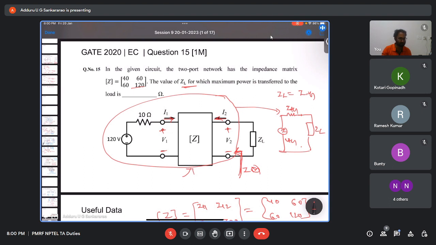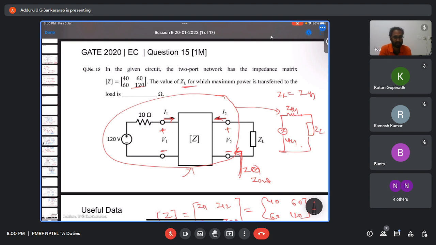So for this circuit, we need to find the output impedance, looking from port 2. That is nothing but ZTH, the Thevenin's resistance. We don't need Thevenin's voltage here, just Thevenin's resistance is enough.